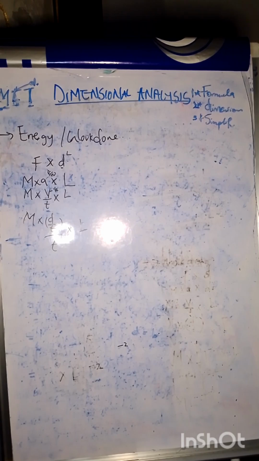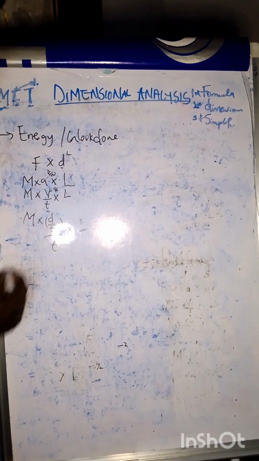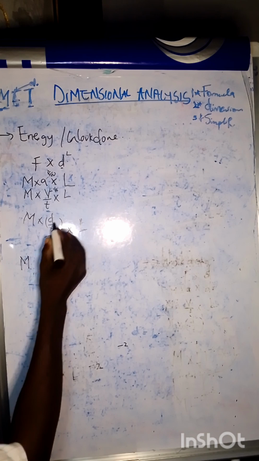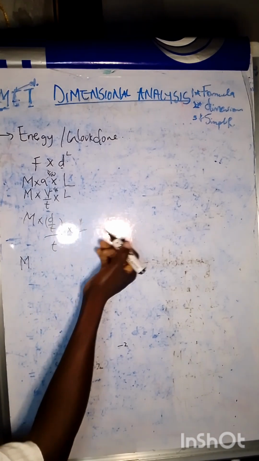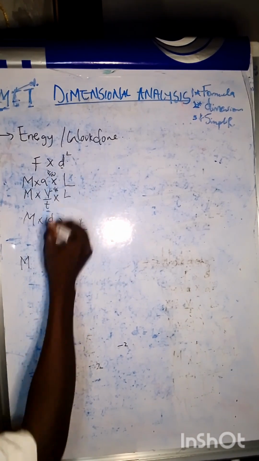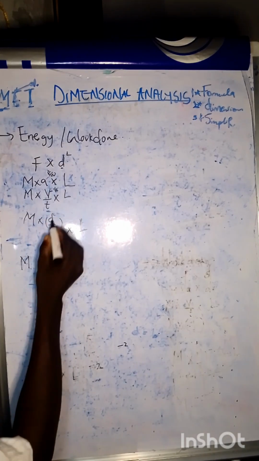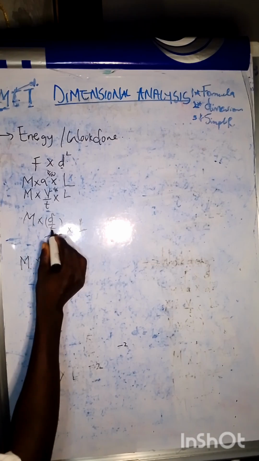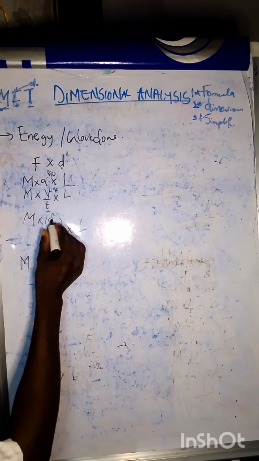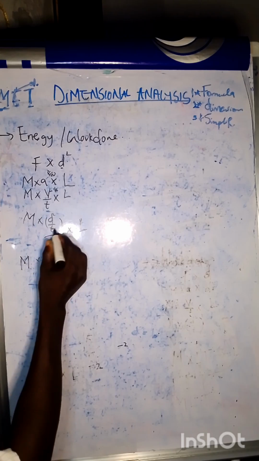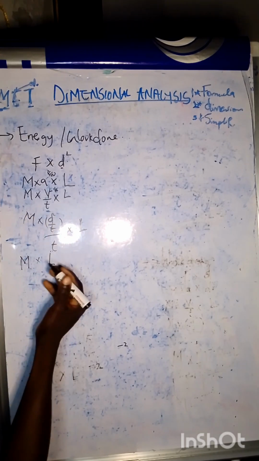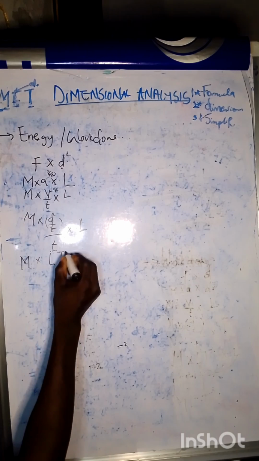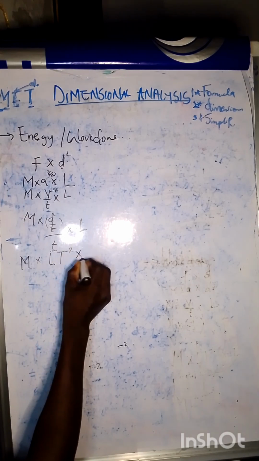So here now, let's try to get our dimension. Our m, then I told you the dimension of d is always L. Then these two T, if they come up and meet L here, it will become T raised to the power minus 2, then multiplied by your length.